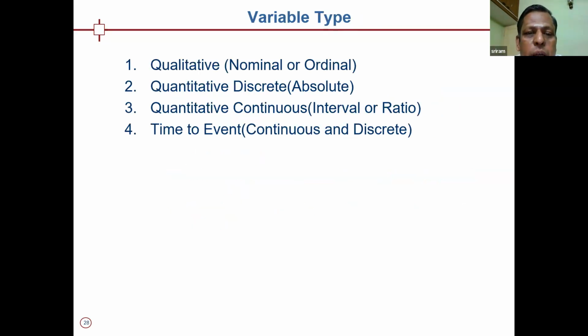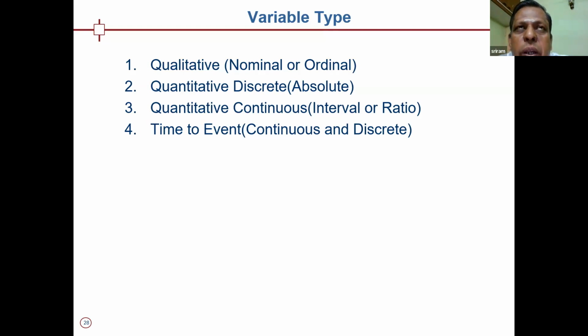And there are 4 types of variables: qualitative, quantitative discrete, quantitative continuous, and time to event. So sometimes time is also a variable. For example, in survival analysis, how much time it takes for the onset of the disease. Or sometimes in cancer research, the death of the patient, what is the time taken, survival or not.